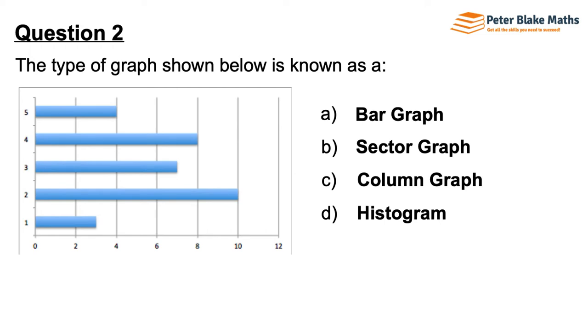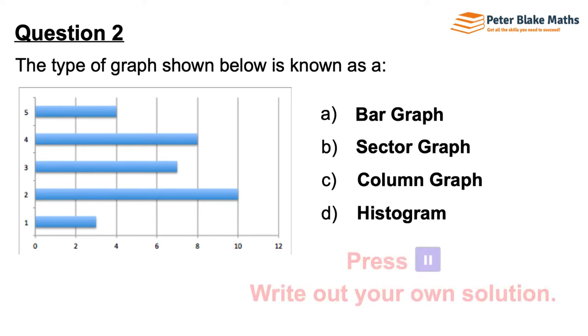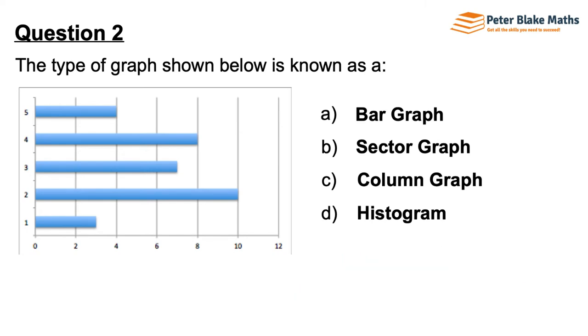Question 2. The type of graph shown below is known as a bar graph, a sector graph, a column graph, or a histogram. This one is a bar graph.